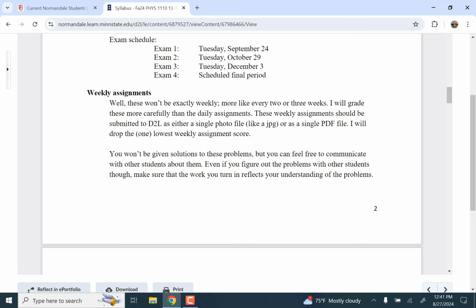Like I said, the weekly assignments, you'll do them on paper, or if you have a tablet, you can do it on a tablet, that's fine. But most people are going to do it on paper, then take a picture of it or scan it, and then submit that file to the assignments thing in D2L. I would really appreciate it if you would figure out a way to turn in your assignments as a single document.